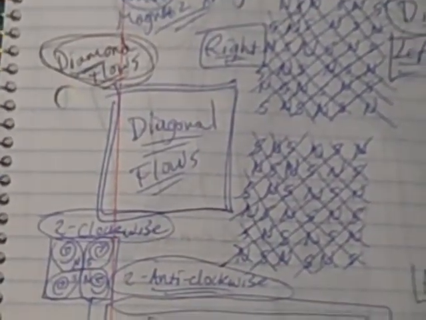Looks familiar, huh? The double helix. Then there's another flow, which is diamond flows. I didn't map this out, but basically you have 4 south poles or 4 north poles within the magnetic lattice flowing together.